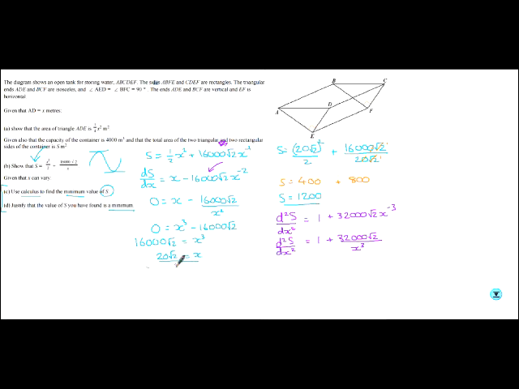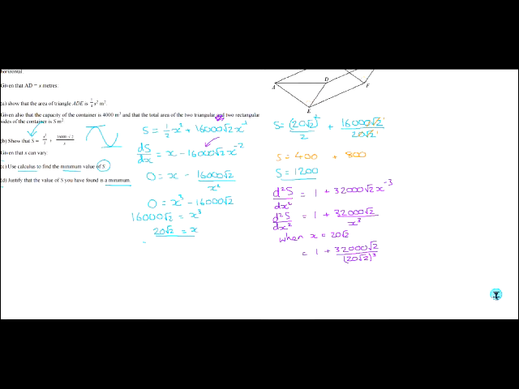Okay, and we're only really interested when x is 20 root 2's. Let's see what happens. So we're going to have 1 plus 32,000 root 2's, and that term there is divided by 20 root 2 all cubed. Okay, so you can grab your calculator now and go for it.